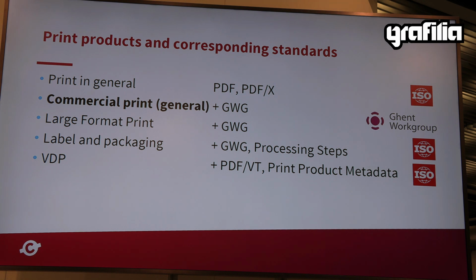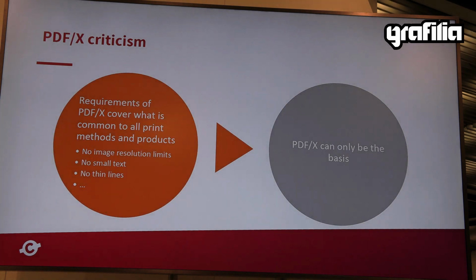Let's now have a closer look into commercial print, large format, and so on. And that is the realm of GWG, the Ghent Workgroup. The main issue with PDF/X is that it's so general. It covers all print methods and print products, so it can't specify a minimum image resolution, because a newspaper has a different minimum image resolution than commercial print or packaging.